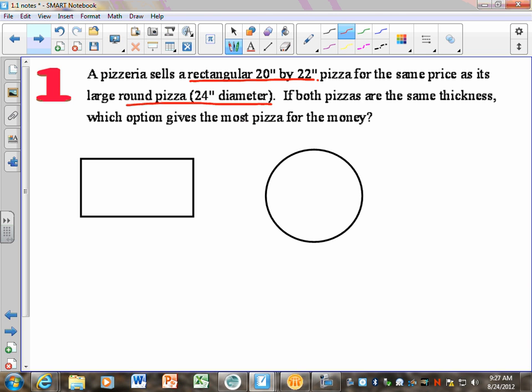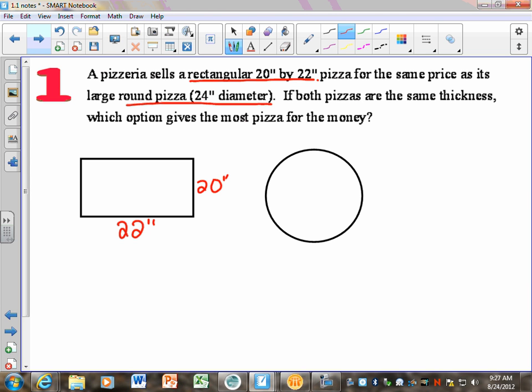And maybe you wouldn't think this, and I always like to show this one because really there's some math involved here. We can figure out which pizza, if they're the same price, gives you the most pizza for the money. So, the rectangular pizza is 20 inches by 22 inches, so I'm going to make this 22 by 20, just since that side looks longer.